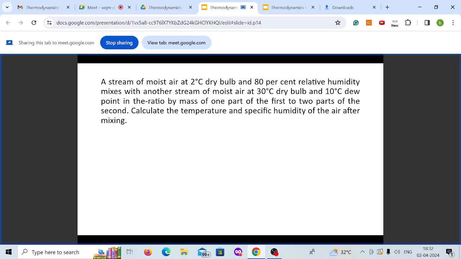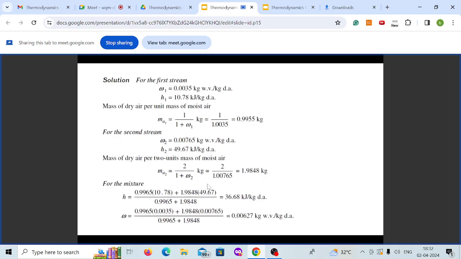The first stream is at 2 degrees dry bulb temperature and 80% relative humidity. This is mixing with another moist air which is at 30 degrees Celsius and 10 degrees Celsius dew point. It is mixing in the ratio of 1 part of first to 2 parts of second, so 1:3 and 2:3. Calculate the temperature and specific humidity of the air after mixing.